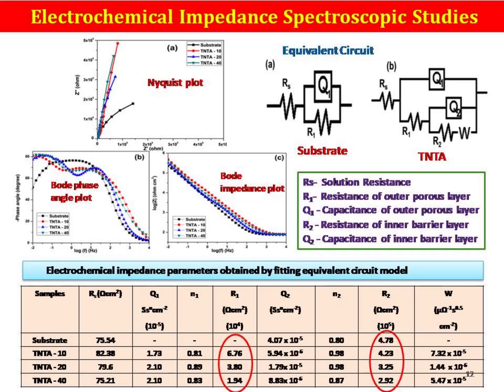So this is, for example, the electrochemical impedance spectroscopic studies we did for our titanium sample. The first one is the Nyquist plot. From the figure, we got the Nyquist plot, the Bode plot with real and imaginary impedance, and then phase angle versus log frequency, and this is the equivalent circuit.